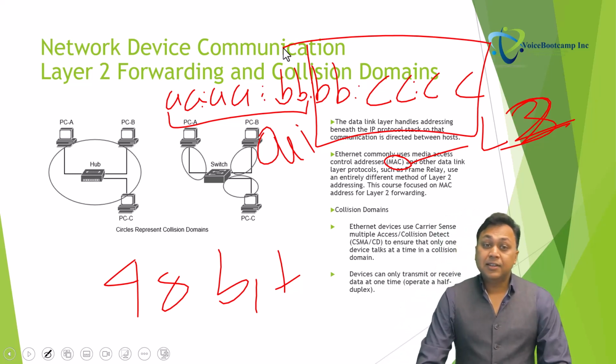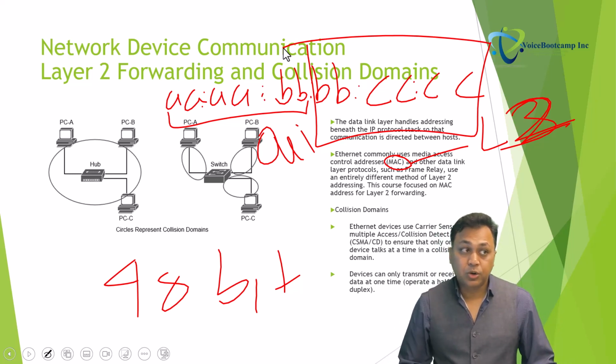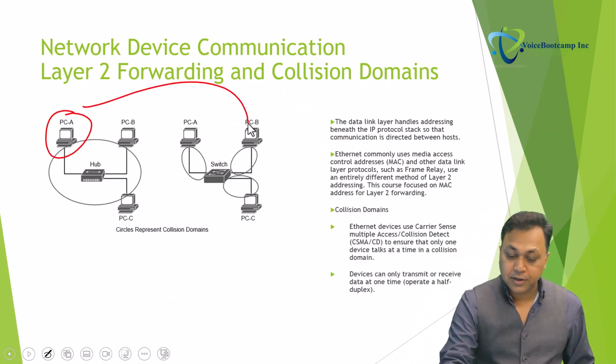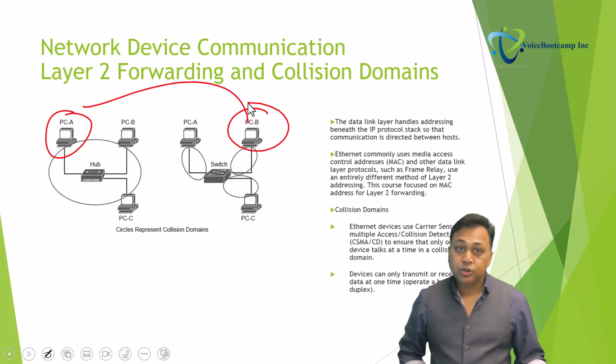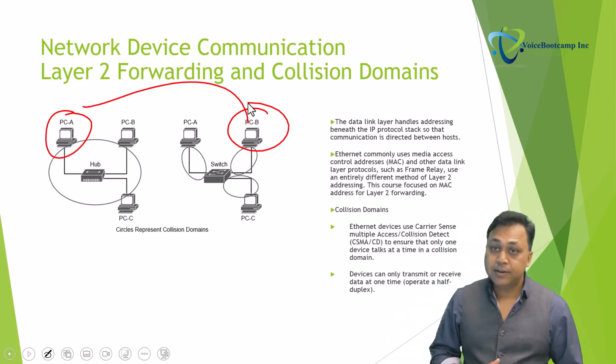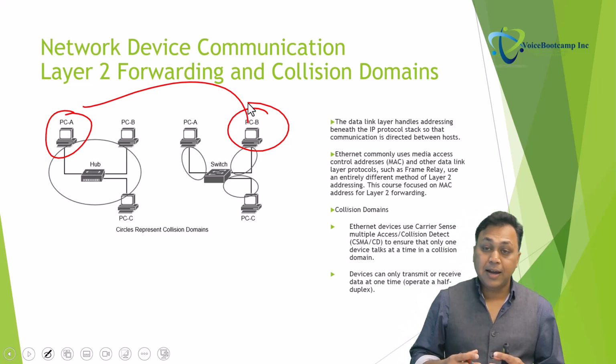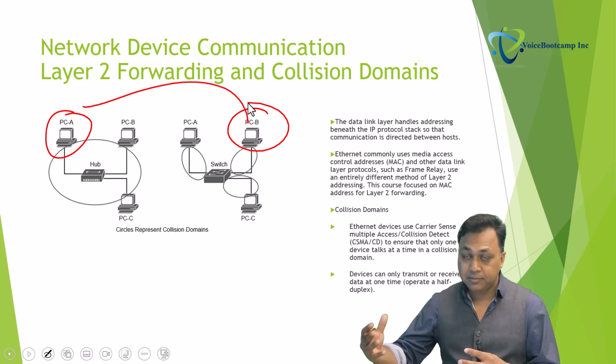Now, a device that listens for network traffic will often look for its MAC address as part of the destination in the packet. What do I mean by that? Let's say PC A wants to send traffic to PC B. Part of the addressing mechanism is that the sending device will have the MAC address of the destination device.